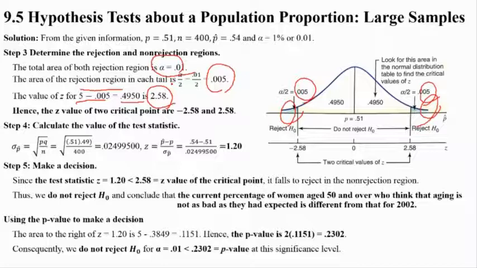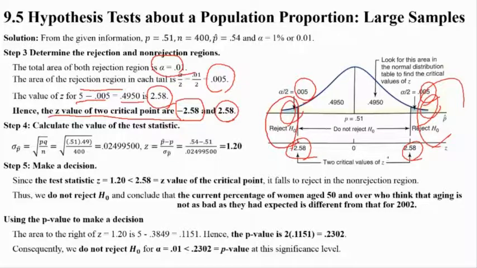So the critical points are negative 2.58 and positive 2.58, from here to here. The left and right sides are the rejection areas, and the middle is the non-rejection region.